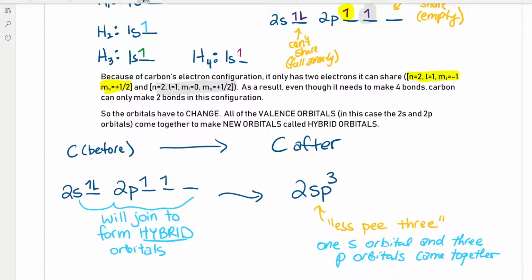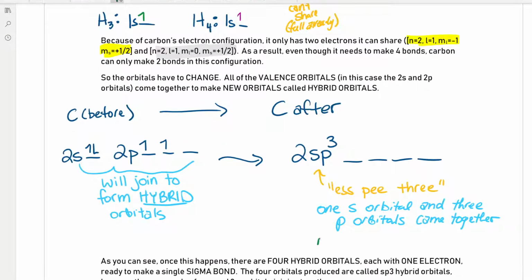And that means we're going to have 1, 2, 3, 4 orbitals here, because we had 1, 2, 3, 4 orbitals there. So the 4 old orbitals become 4 new orbitals, but importantly now they all have the same energy level.